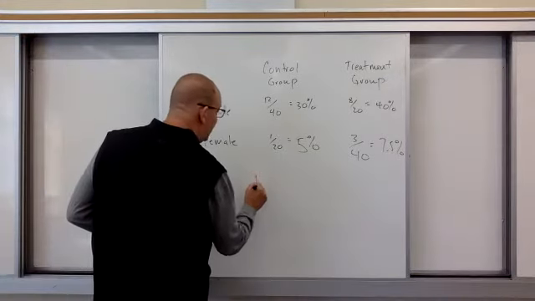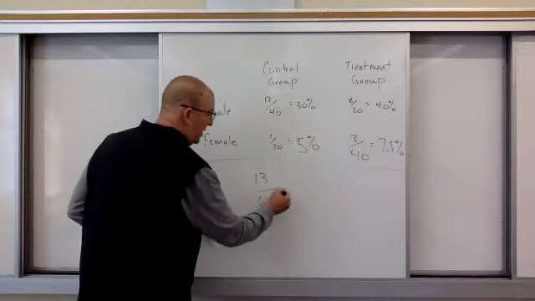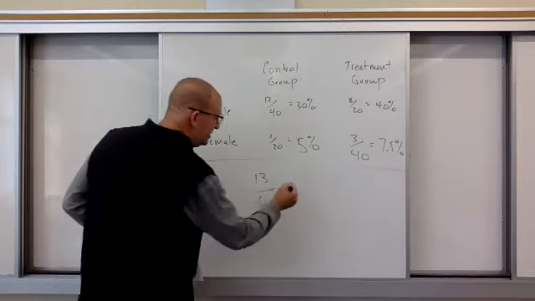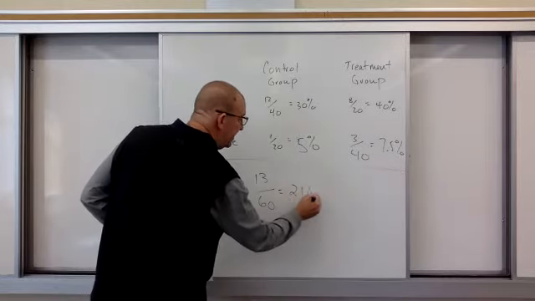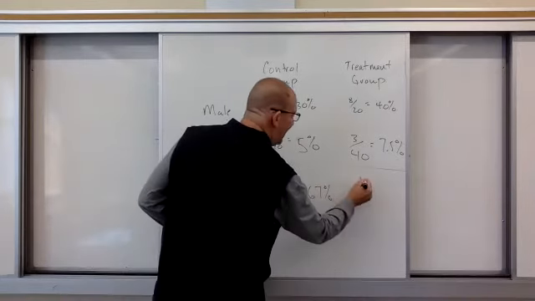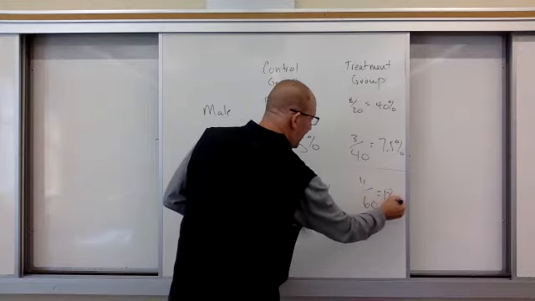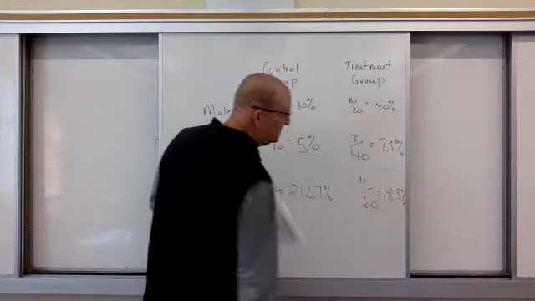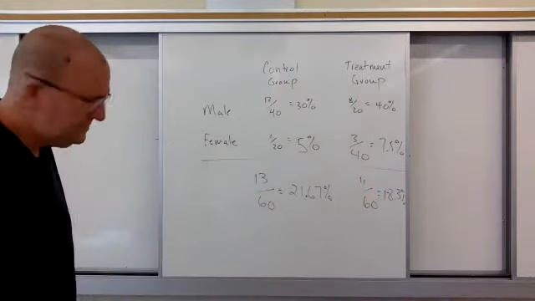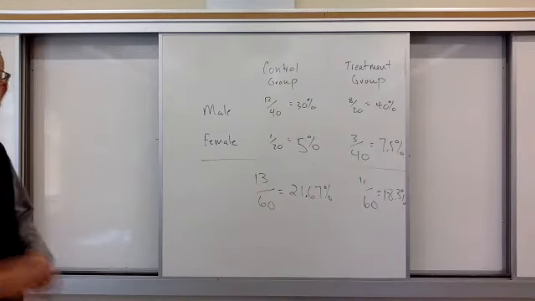12 and 1 is 13. 13 out of 60 for your totals, right? So 13 out of 60 is about 21 2/3%. And then over here, we had 11 out of 60. Uh-oh, I think you can see where this is going, don't you? 18.3%. So, do we identify Simpson's paradox here?